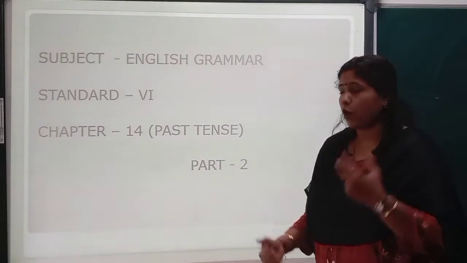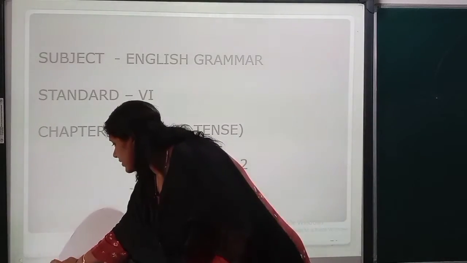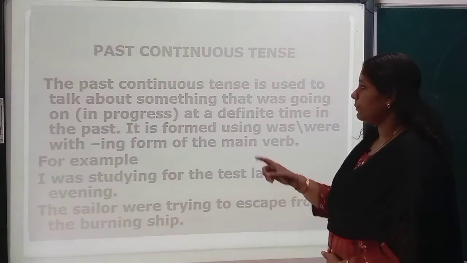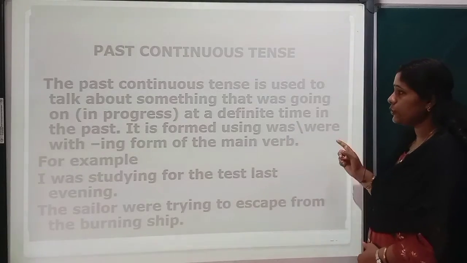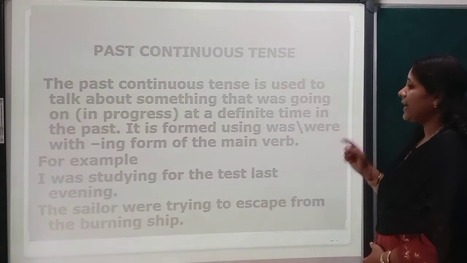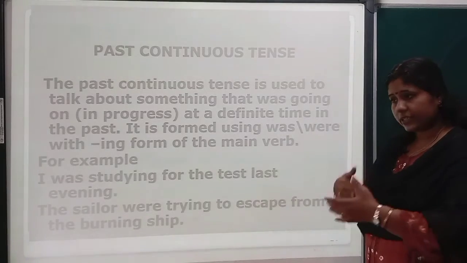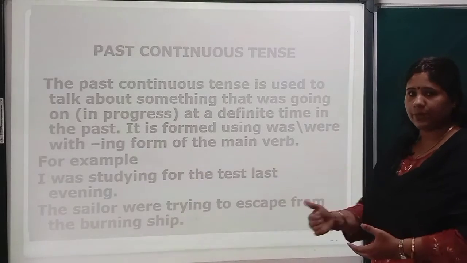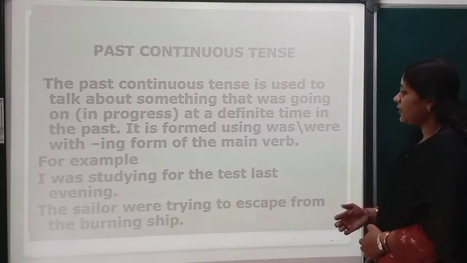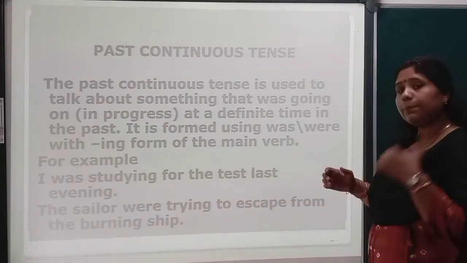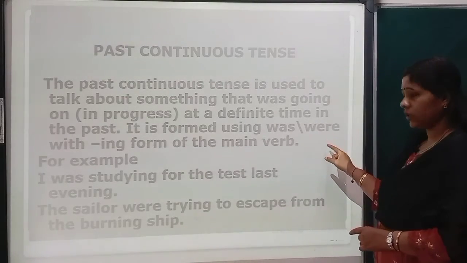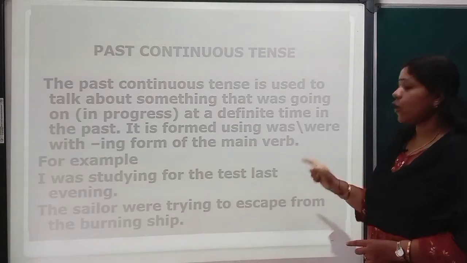The second form, that is past continuous. The past continuous tense is used to talk about something that was going on, in progress for some specific time period, at a definite time in the past. It is formed using was or were with the ing form of the main verb.